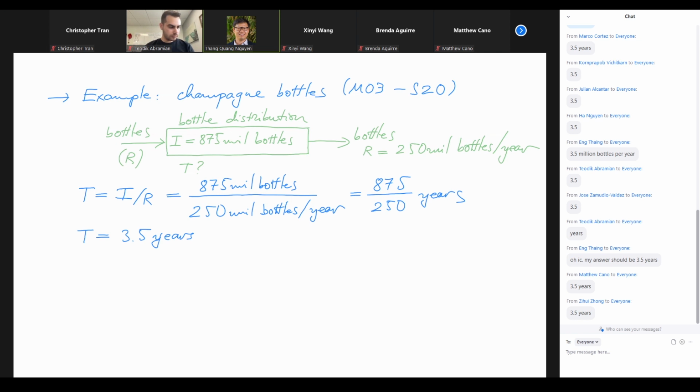So as a manager of the winery, you're going to decide what would be the best time to bottle the champagne so that we have the time in the cellar and the 3.5 years on average. So when the bottle gets sold, it ages beautifully to be consumed, and the customer will like your champagne more and will buy more from you.